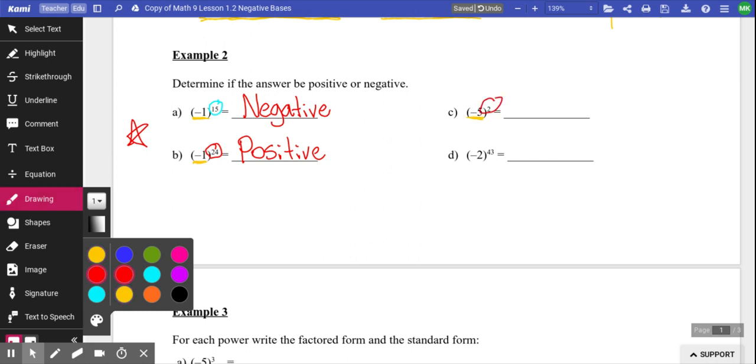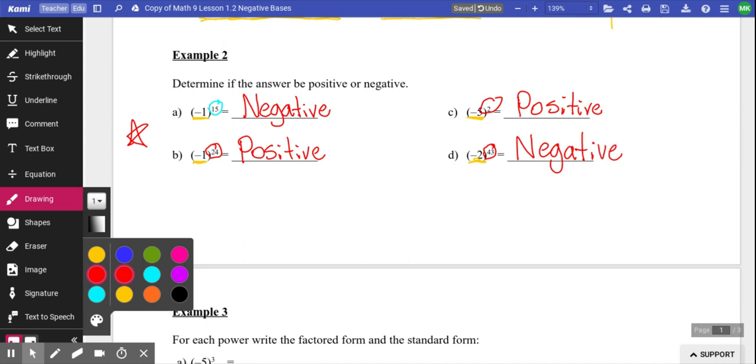That means the negatives should all pair up to cancel out and become positive. The last one, negative base, odd exponent, meaning that there should be one left over after everything pairs up, and you end up with a negative answer.